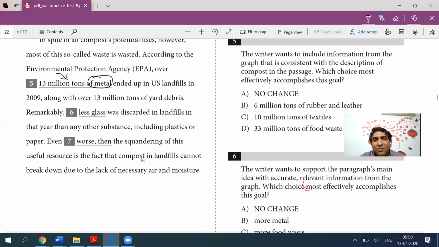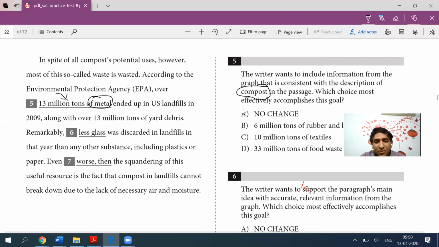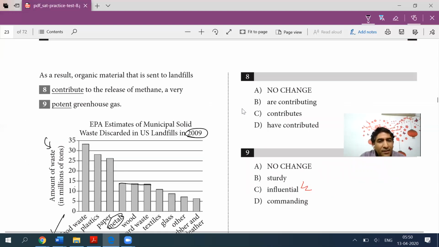What is the question? It wants to include information from the graph that is consistent with the description of compost. Now, description of compost. From the perspective of compost, as I see, the food waste makes more sense. Let me see. If I go to the fourth option, there's 33 million tons.